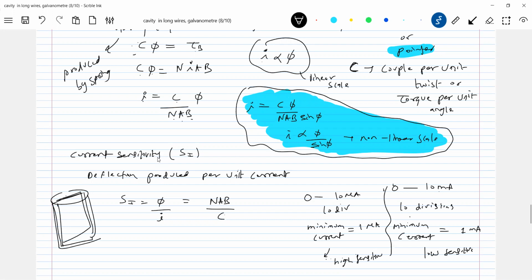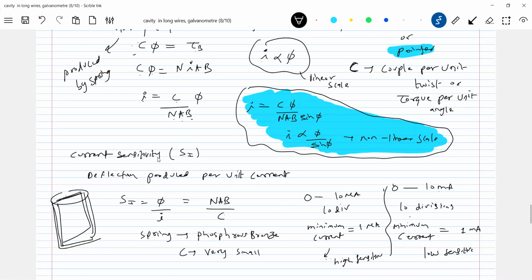So if the couple per unit twist is small, then I'll prefer a phosphor bronze wire. What is that spring made up of? The spring is made up of phosphor bronze. So this particular spring, we prefer it to be made up of this material. Now why phosphor bronze is used here: the restoring couple, or the couple per unit twist, for phosphor bronze is very small.